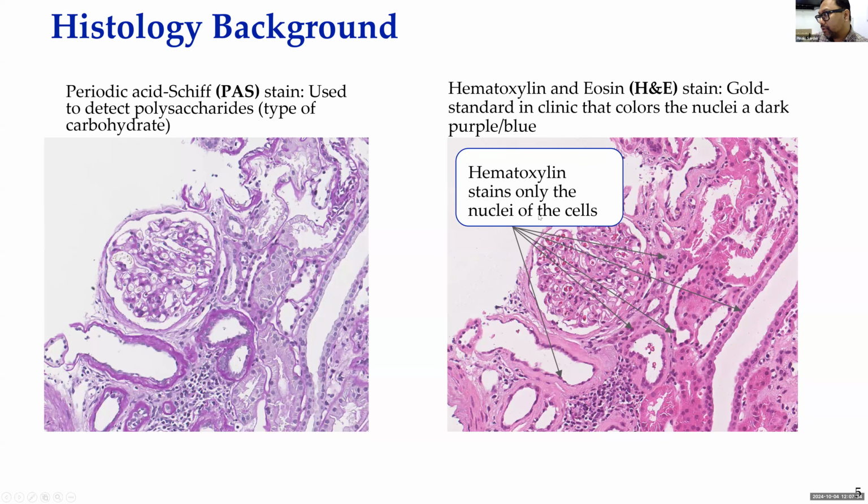If people are not familiar, these dark spots are hematoxylin stains. These are staining the nuclei, different cell nuclei, and there are other regions which are pink or reddish, which are typically staining the matrix, right?